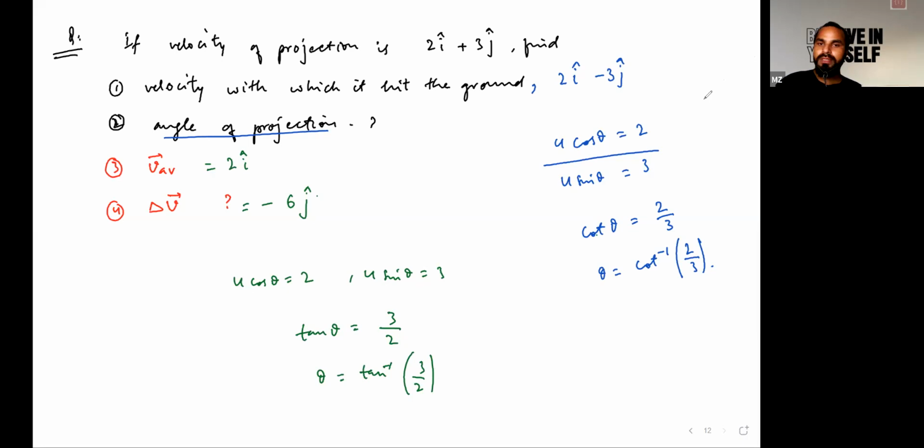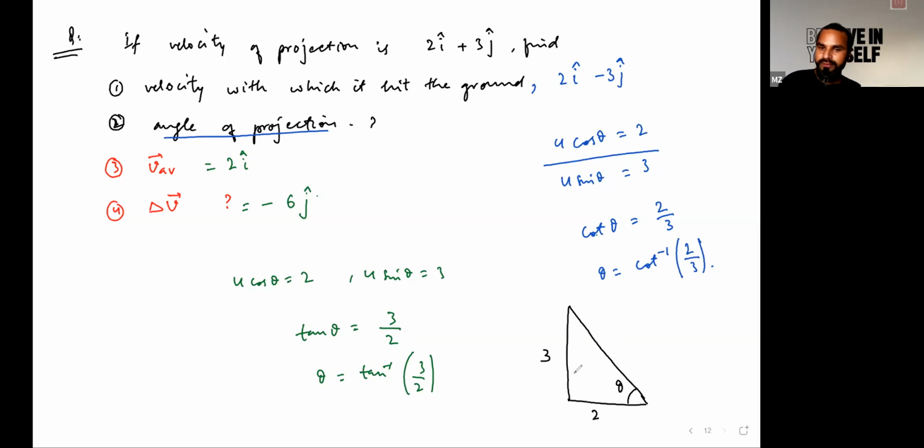But in some problems, they will ask you to find theta in terms of sine or cos. So how will you convert this theta, which is in terms of tan theta, into cot theta or cos theta or sine theta? For this, just draw a triangle and let it be theta. From this expression, tan theta is equal to perpendicular by base. So this will be your perpendicular and this will be your base.